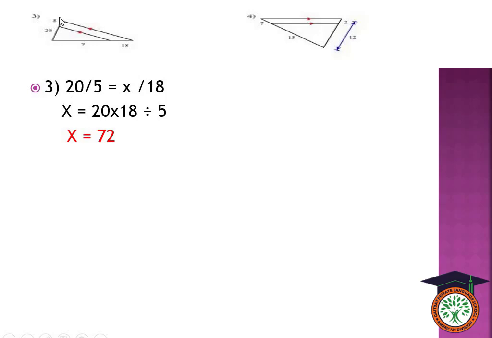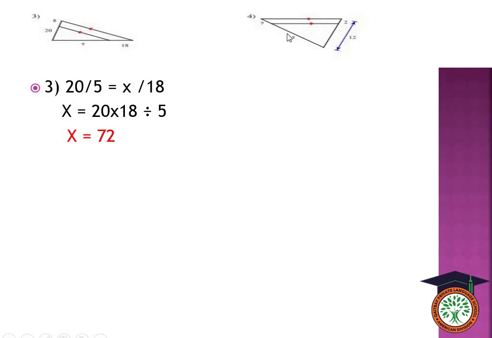So we have here 20 over 5 equals x over 18. I wrote the proportion here, and then it's easy to find the missing variable. So x equals 20 times 18 divided by 5, which is equal to 27. So the length of this side equals 27.